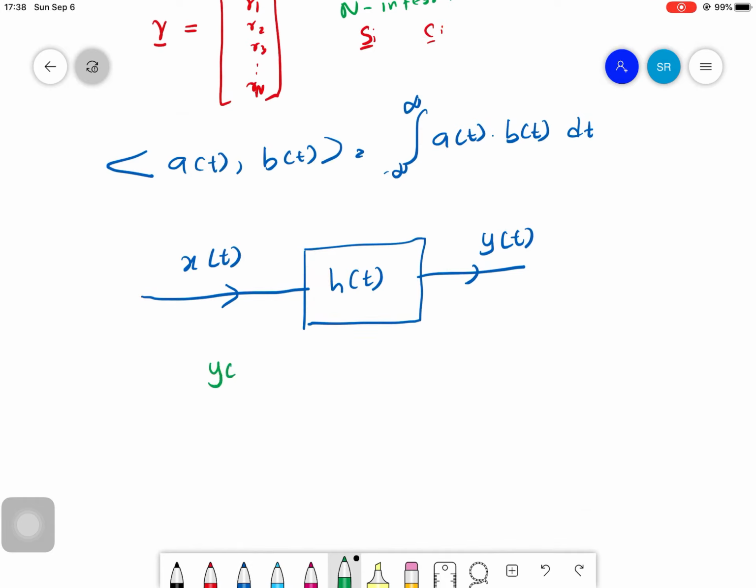I can write y(t) as the integral from minus infinity to plus infinity of x(lambda) times h(t minus lambda) d lambda. This is my convolution.